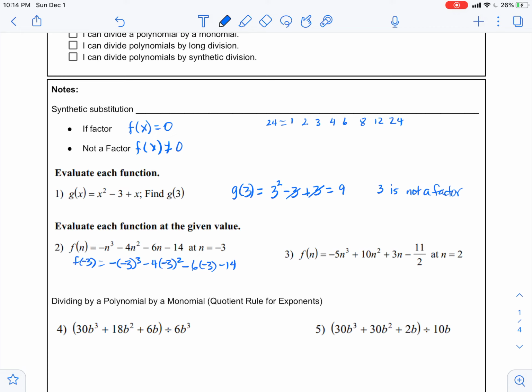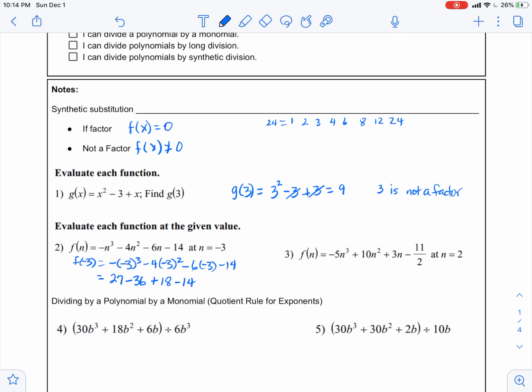Again, I'm just going to simplify that. A negative 3 cubed would be a negative 27, and then there's a negative out in front, which is going to make it a positive 27. Next one, a negative 3 squared would be 9. 9 times 4 would be 36, and it's negative. Negative 3 and a negative 6 would be a plus 18, and then minus 14.